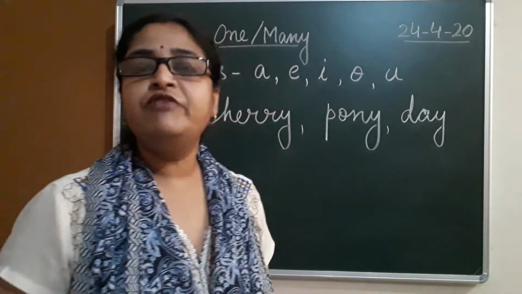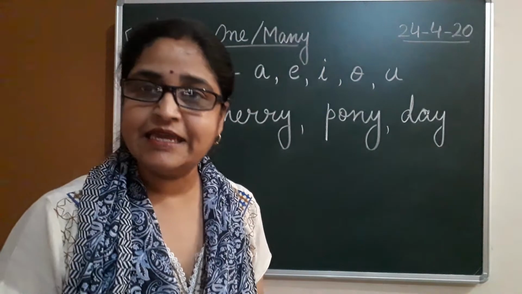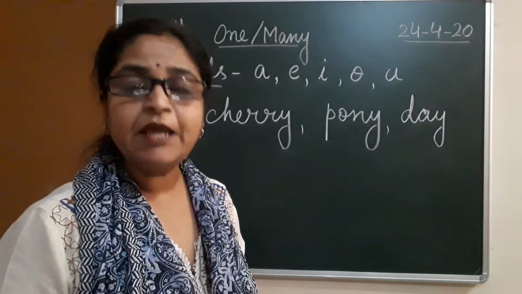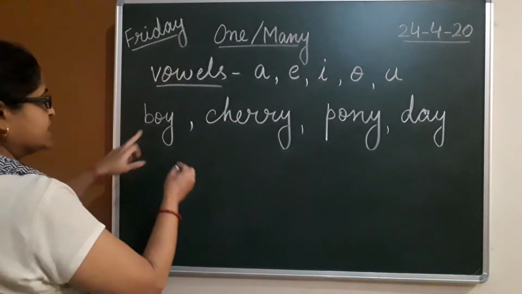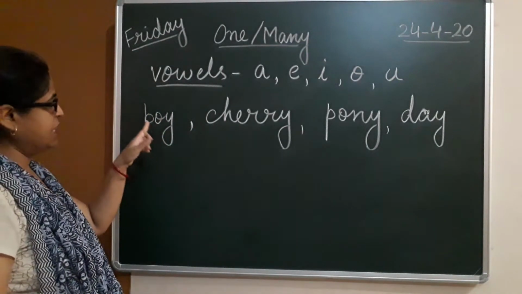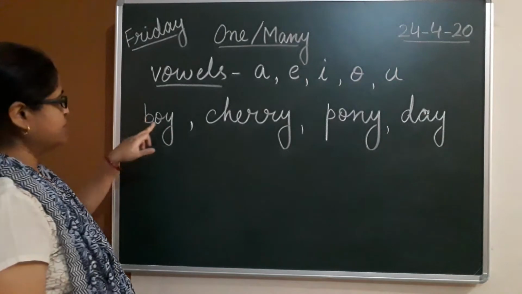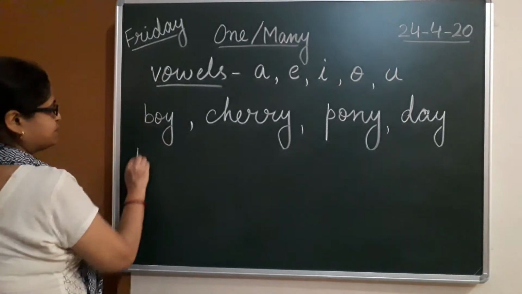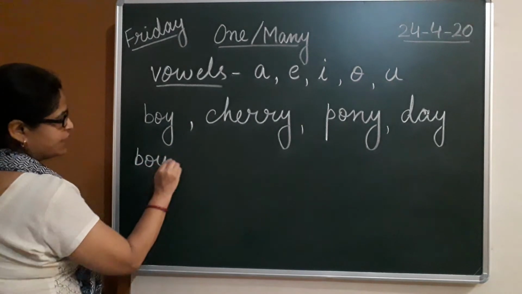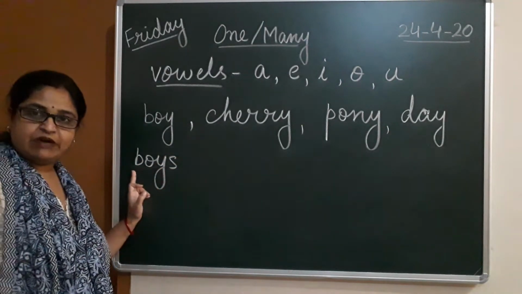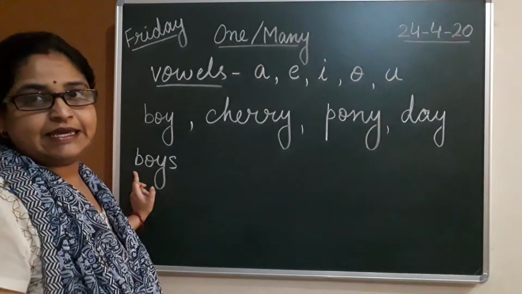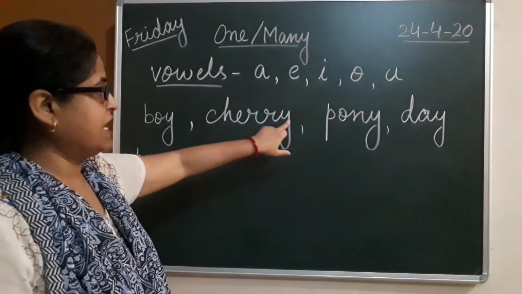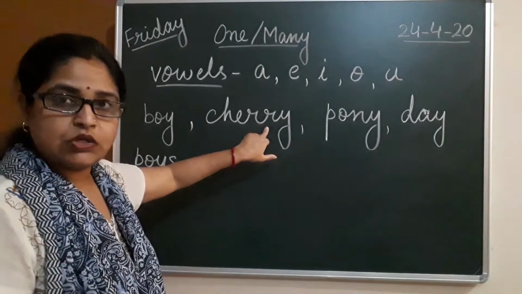Now children, we use IES for the words which end with Y, and how do we do that? Suppose this is BOY. It is ending with Y and there is a vowel before Y, so we will just put S to it to make it plural. We will not put IES. Here it is ending with Y, but before Y there is a consonant.